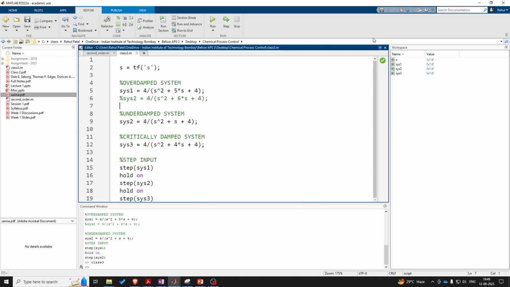Now we already also discussed one case of the undamped system where this zeta becomes 0. So let's just plot that also. So this term is 0.